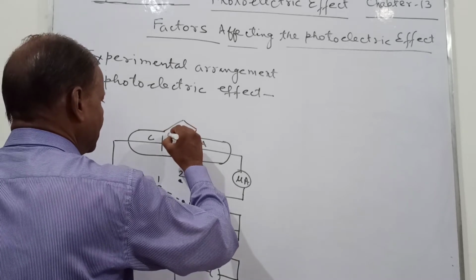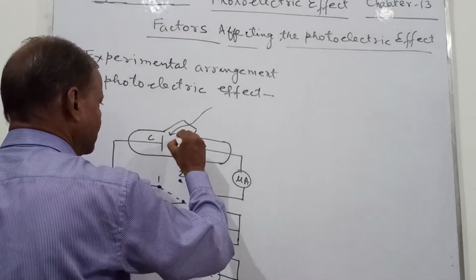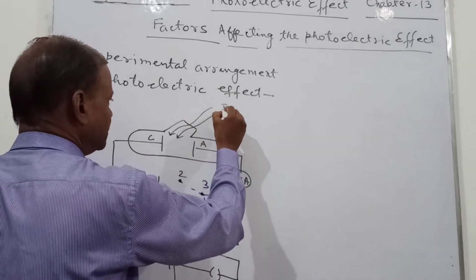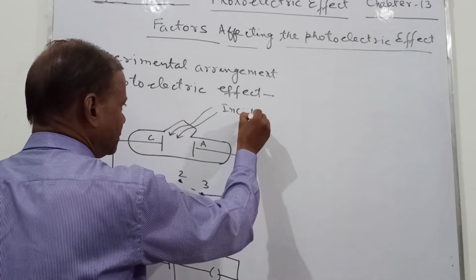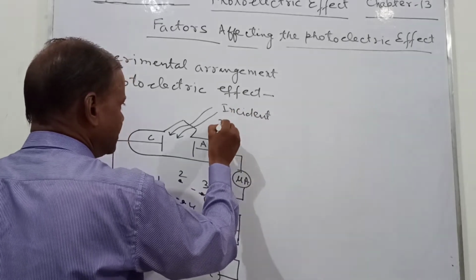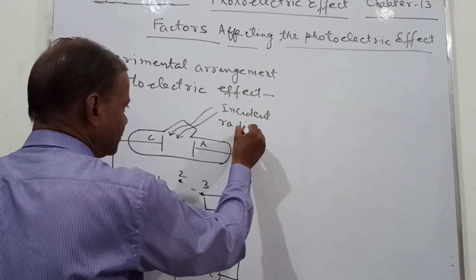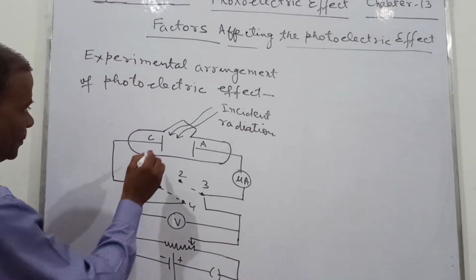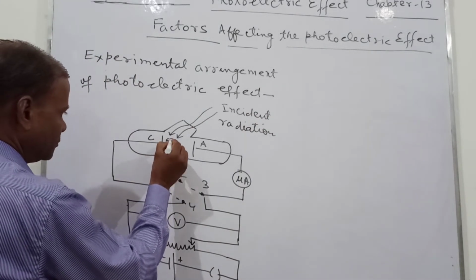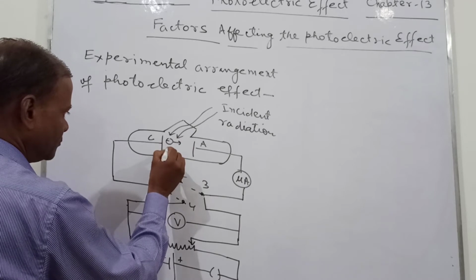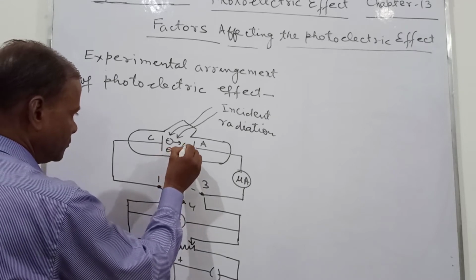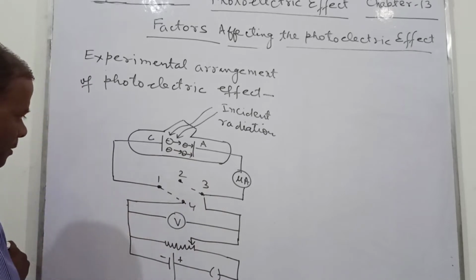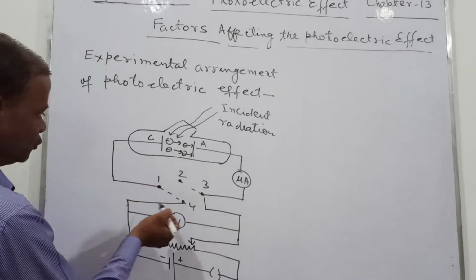This is the incident radiation. These are the electrons.